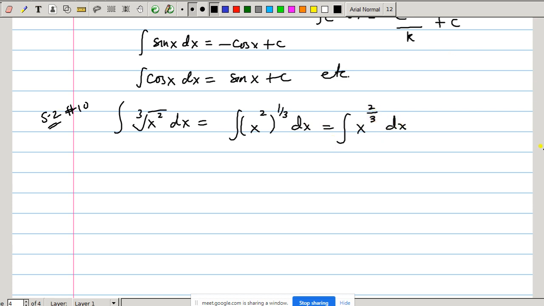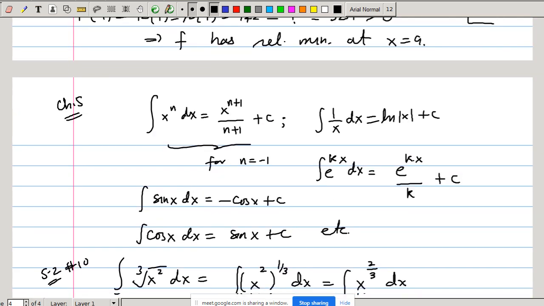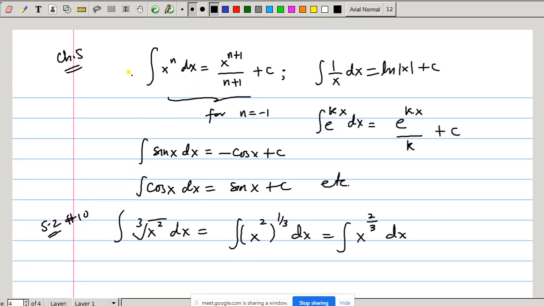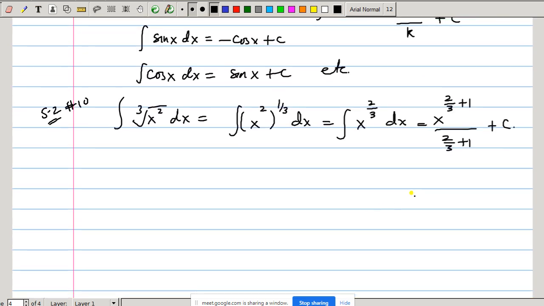So we have to manipulate the integrand a little bit, and now I can use the power formula. This will become x to the power 2 by 3 plus 1 divided by 2 by 3 plus 1, plus a constant, right? So that's how we can integrate these type of functions.